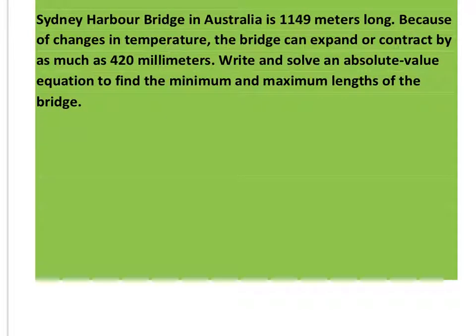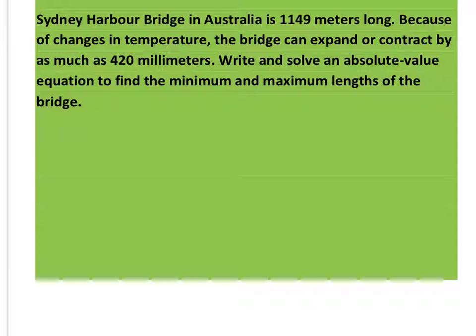Well, the bridge is 1,149 meters long, and the change in that bridge's length can be as much as 1,149 plus 420 millimeters or 1,149 minus 420 millimeters. So how are you going to write that as an absolute value? Because we want to see what our length on that bridge could be.